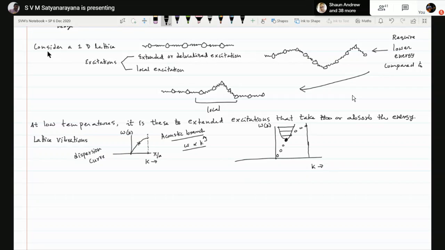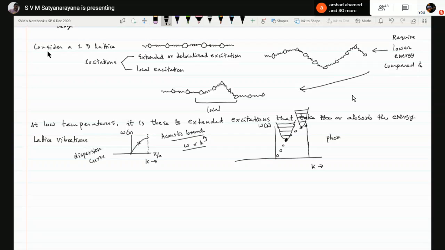That means the energy of that vibration will be h bar omega by 2, 3 h bar omega by 2, and so on. And if you take another frequency, you can have another harmonic oscillator associated with it, with corresponding discrete energy levels. Now, an excitation where the energy equals a quantized energy corresponding to a frequency, such an excitation is what we call a phonon.